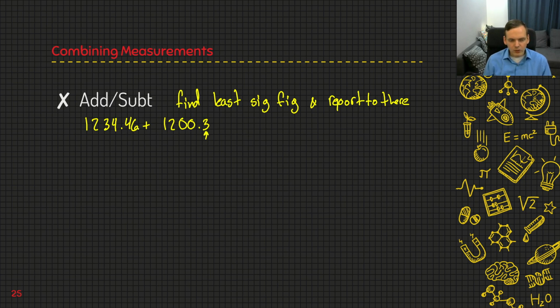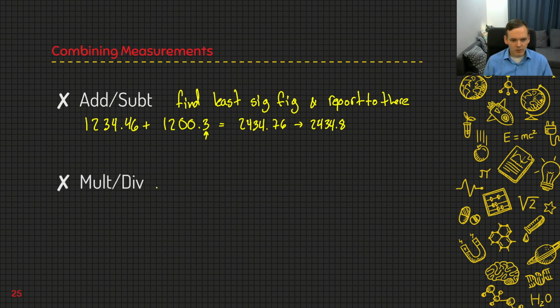I know the first number more precisely, so when I write my answer, I'm going to write 2,434. First, I use all of them, so I'll get 7, 6, but then I only want to report to this first decimal place, so it'll be 2,434.8 would be what I'd report. So this one, they were only off by 1, but if they're off by 2, 3, 4 significant figures, then you just carry that through, same logic.